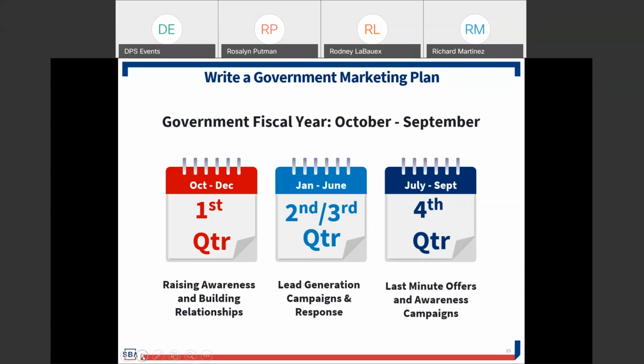That last quarter. With COVID, things were a little different. I think agencies were afraid, and things were different this year. But generally, that fourth quarter is the quarter where they are trying to get those last minute offers in, and under the 8A program, what happens a lot is they can go directly to the firm, so they don't have to compete it.